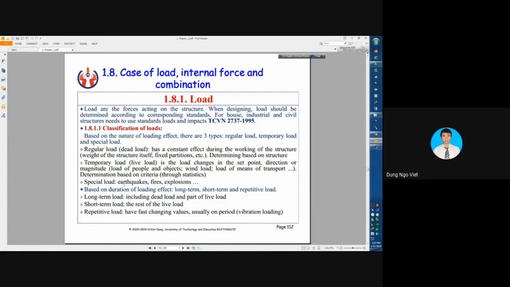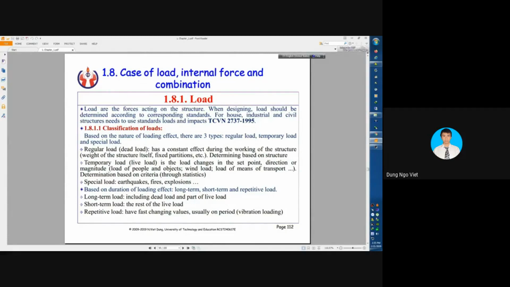The second type of load is the temporary load or live load. The live load is a load that changes in position, direction, or magnitude, such as the load of people and gas, the wind load, or the load of means of transport.